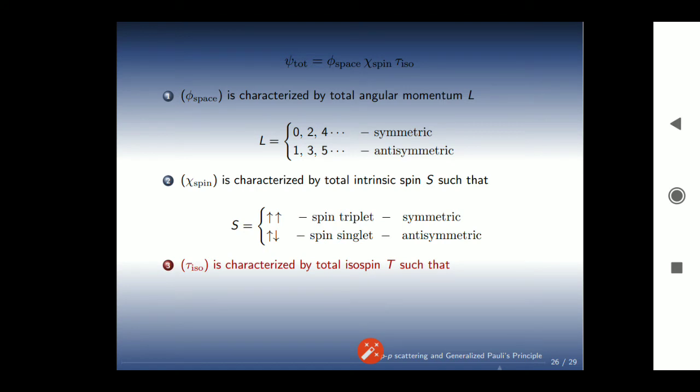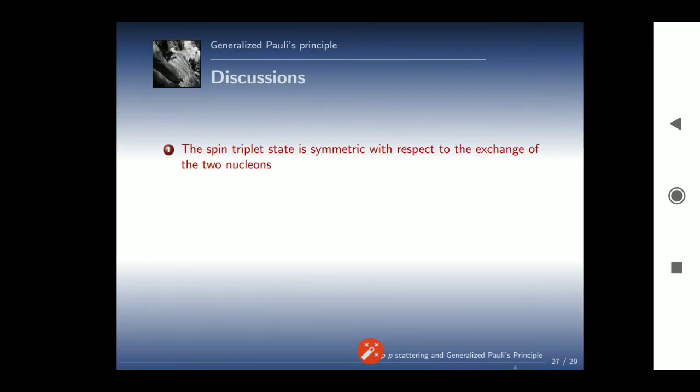Exactly on a similar line, isotopic spin is characterized by total isospin T, capital T. Now in the case of a two particle system, it can have isospin triplet or isospin singlet. When the two spins are in the same direction, it's called symmetric. When the two spins are in opposite directions, it's called antisymmetric. So this is general information about the generalized Pauli's exclusion principle.